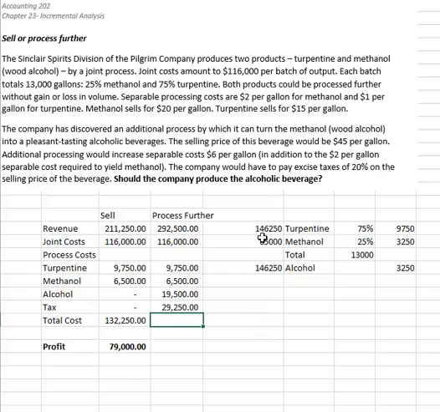I don't multiply the turpentine by 20% because that's not an alcoholic beverage and it's not subject to the same taxes. So my costs to process it further are 181. My total profit to process it further is 111,500. So based simply on the financial analysis, the company should process the chemicals further into a drinkable alcohol because they will increase their profit by approximately $30-some thousand.